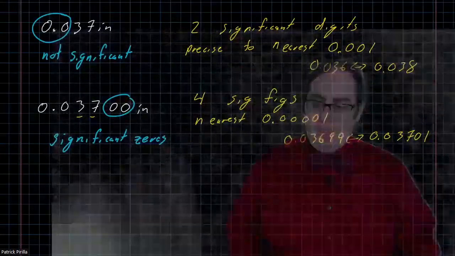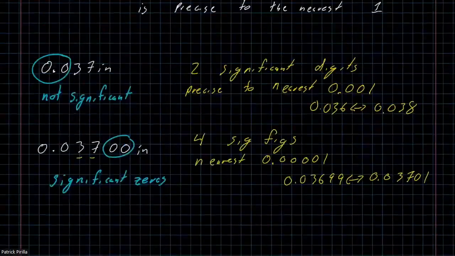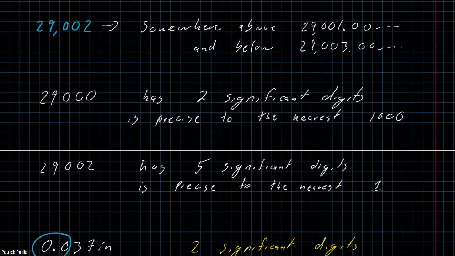For right now, I have one last thing that I want to mention, and that comes back to that first example. When you have decimal values, figuring out accuracy and precision and figuring out how to report higher precision is easy. When you have large values, it's a little bit more challenging. So if I have 29,000 feet and I want that measurement to be reported as being accurate and precise to the nearest foot, a tool I can use is putting a bar, referred to as a macron, on top of that zero.